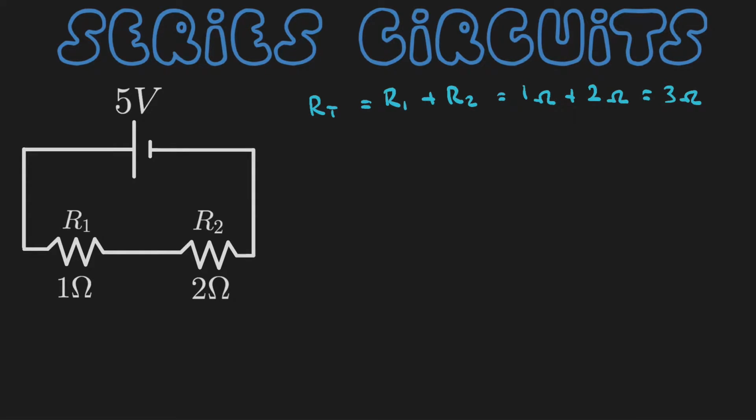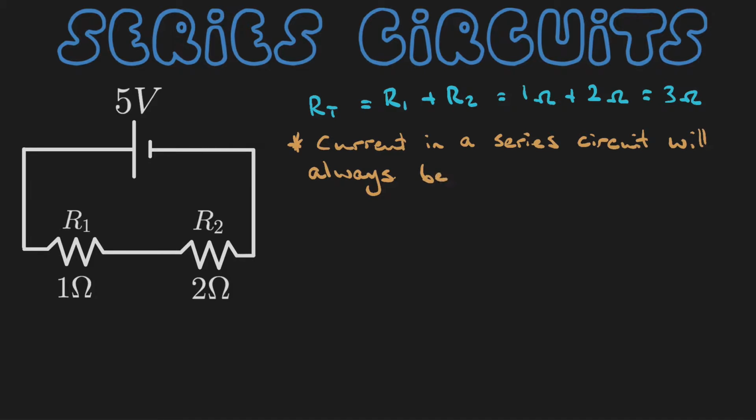Now, it's important to note here that the current in a series circuit will always be the same. And that means that the current here will be the same as the current here, and also the same as the current here.